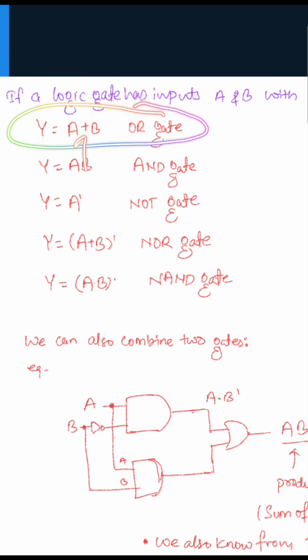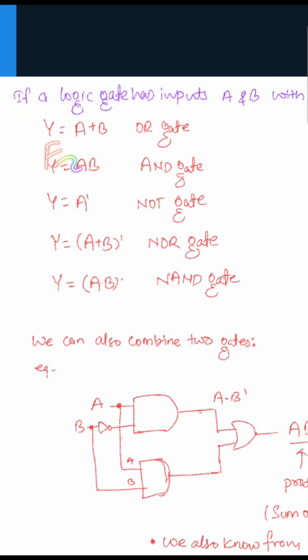Mathematical expression for OR gate can be represented as y is equals to a plus b, where all the variables can be replaced by any other variables like x, y, z, or alpha, beta, gamma, or a, b, c, d, whatever you like. But in standard form, we generally represent the output either using y or f.